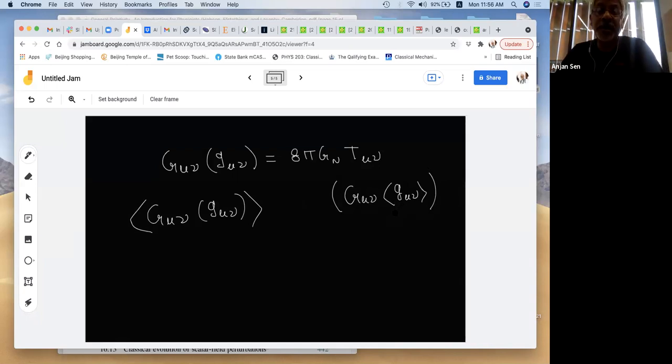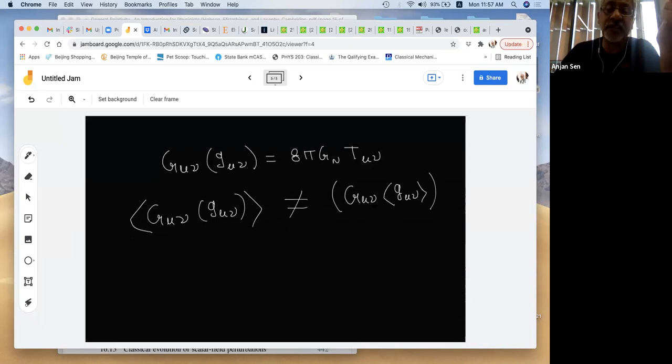So these are two completely different things. You know that these two cannot be equal, right? Because the Einstein equations are highly nonlinear equations. So first taking the solution for G nu mu and then taking the average is not equal to first taking the average of small G nu mu and then writing down the Einstein metric. These two cannot be the same, because the G nu mu part is highly nonlinear.